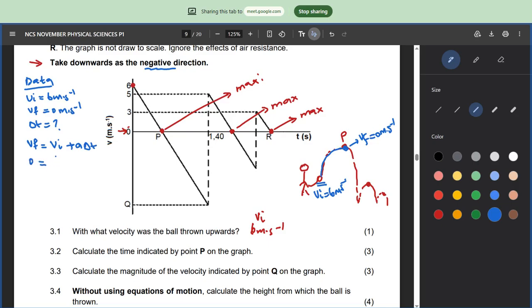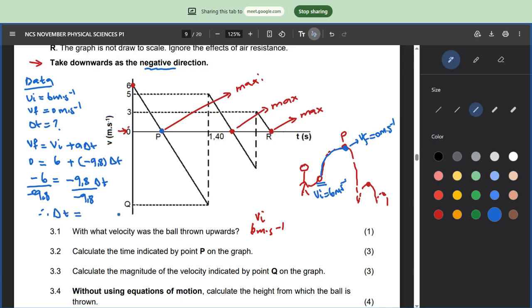So it has a 6 plus the acceleration which goes down, it will be negative 9.8. And we are looking for the time at point P, delta T. So I'm going to bring the 6 to this side to be negative 6, and then this is negative 9.8 delta T. You can divide both sides by negative 9.8. So whatever you get, it's your t at P.